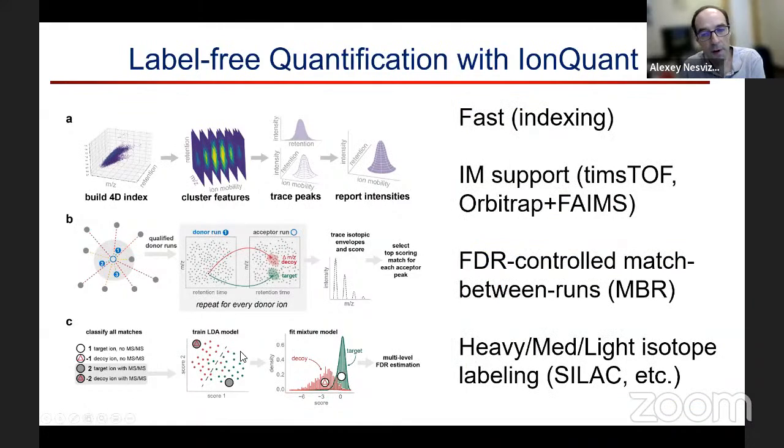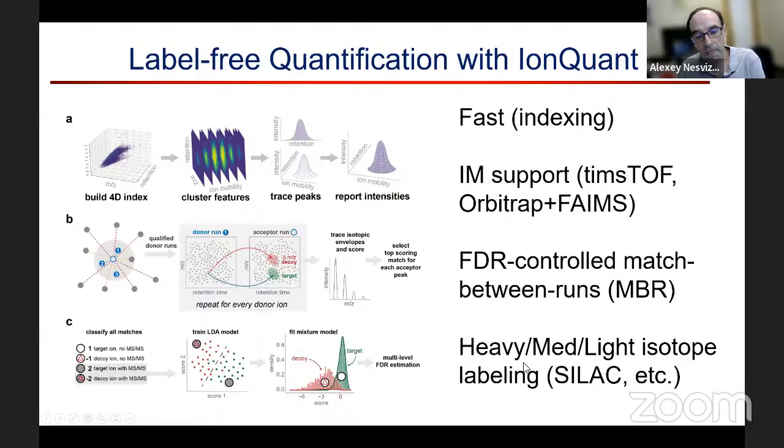So I'll briefly go through that. I already mentioned that it's super fast because we index the data like MSFragger. That's why tracing the peaks and everything is super fast, including for timsTOF data where speed is always an issue, but also for DDA data on Thermo instruments. We have FDR control for match between runs.